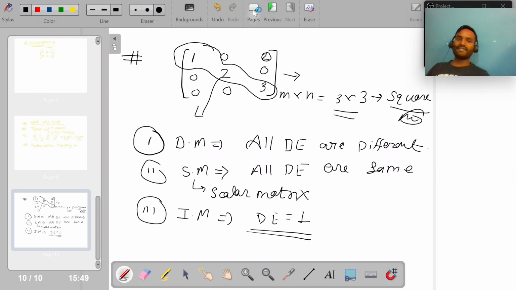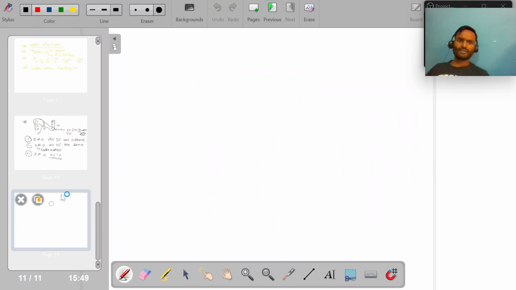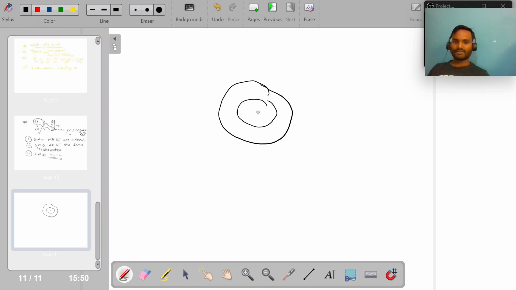So let me give an example. We know now: this is the diagonal matrix, this is the scalar matrix, this is the identity matrix. A diagonal matrix can be a scalar matrix and can be an identity matrix.